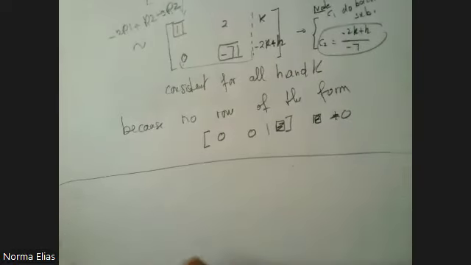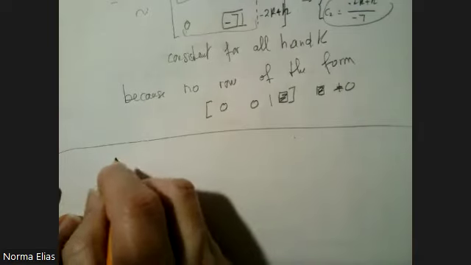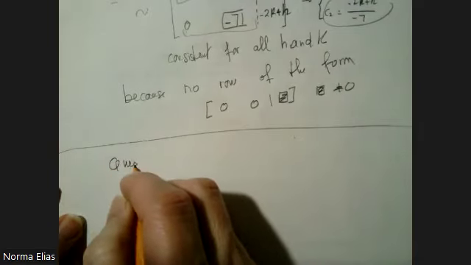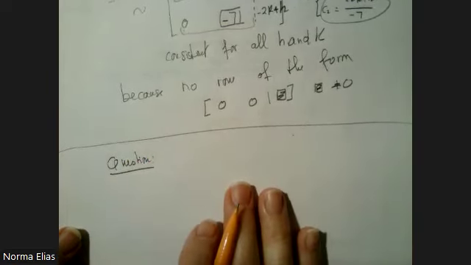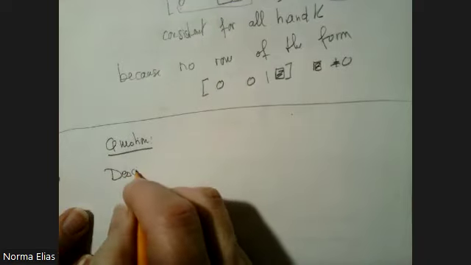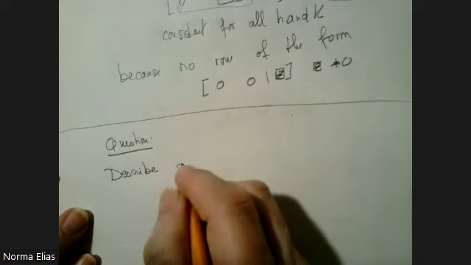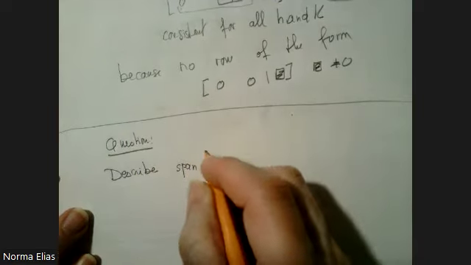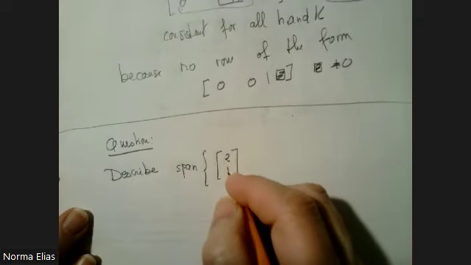So now I will ask you a question, and then we have some kind of a simple rule. Question is the following. Okay. I want you to read the question carefully and the vectors I'm going to give you. Describe the span, so I'm still in R2, of the following 2 vectors.